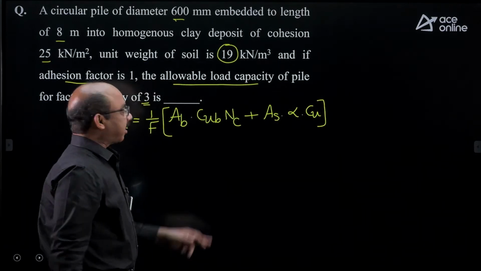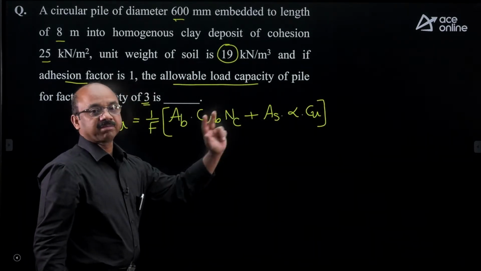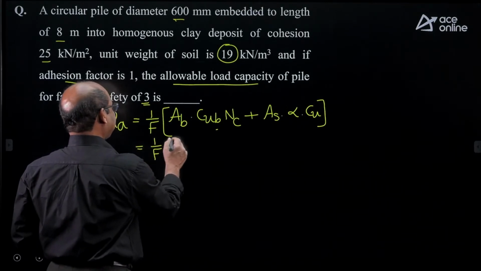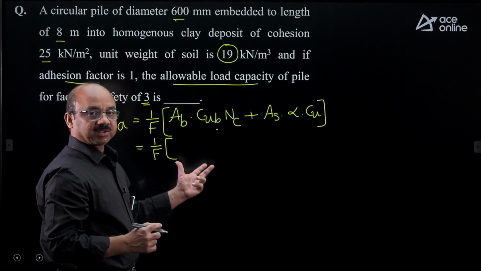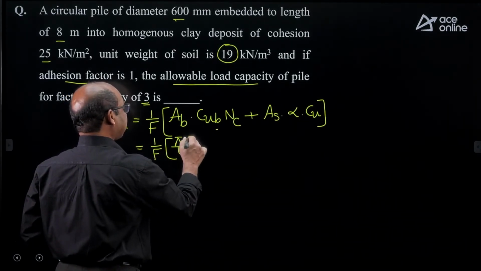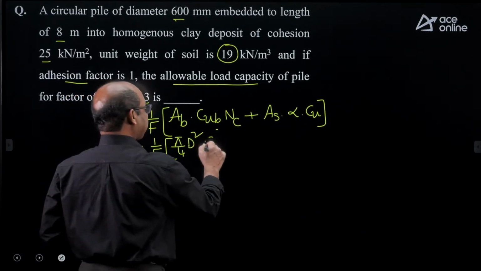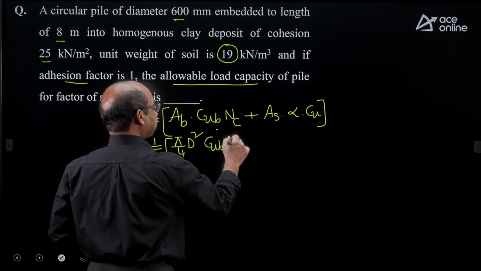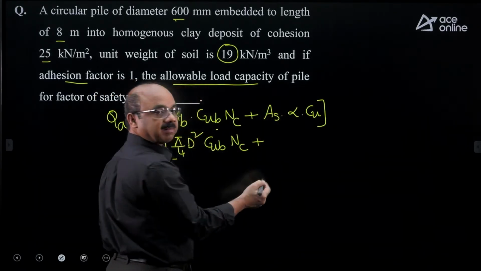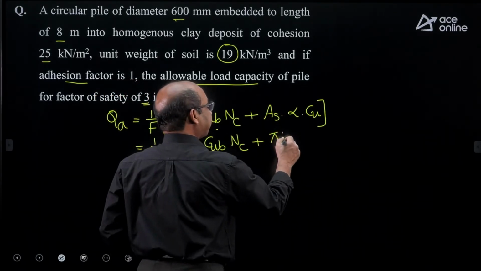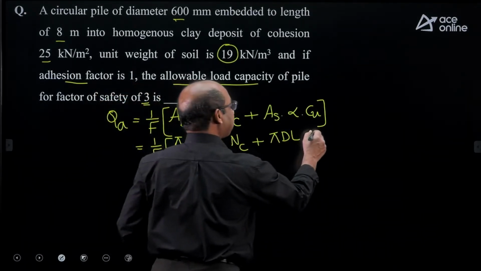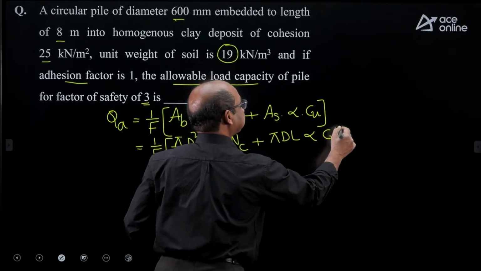So I have taken both the end bearing resistance as well as the skin frictional resistance. Further, if I elaborate, 1 by factor of safety, and in the place of the base area I write pi by 4 d squared, cohesion value at the base, bearing capacity factor Nc, plus the total surface area of the pile, pi d, that gives you the perimeter, into length, pi d L gives you As, and then we have alpha and then the Cu.